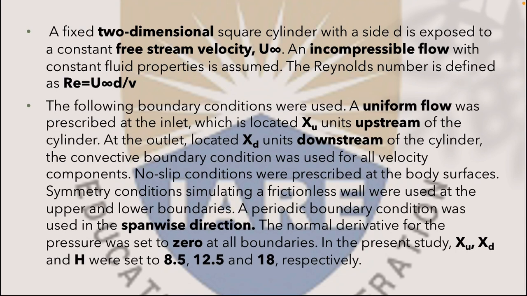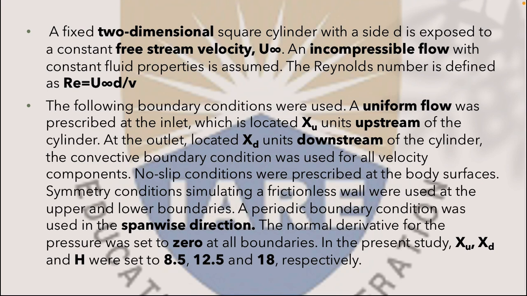The following boundary conditions were used. A uniform flow was prescribed at the inlet, which is located XU units upstream of the cylinder, and the outlet is located XD units downstream of the cylinder. The convective boundary conditions were used for all velocity components. No slip conditions were prescribed at the body surface.